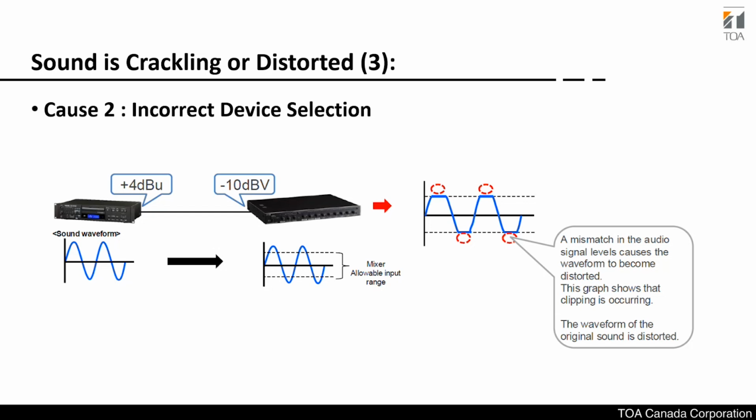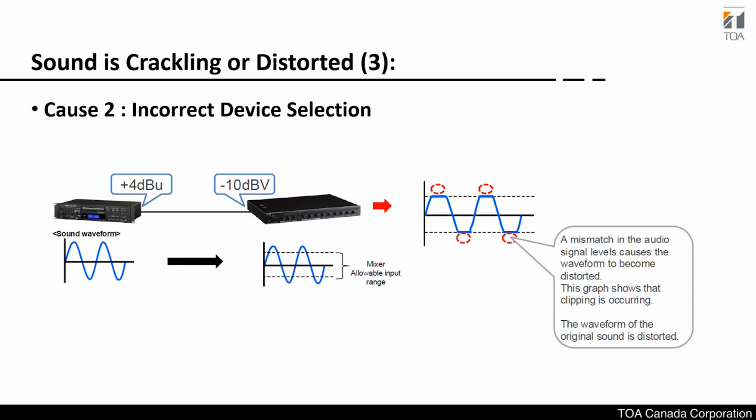Some devices, such as the player or the signal generator, have an output level that is not the same as the reception level of the mixer. So that's a mismatch of the audio signal levels. It also makes the waveform become distorted or cut, as you see in the diagram there.